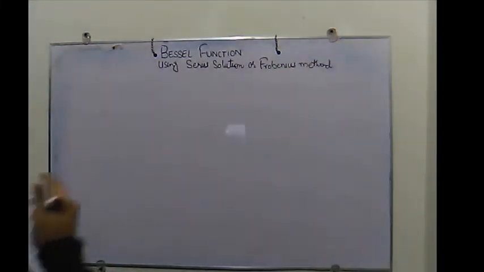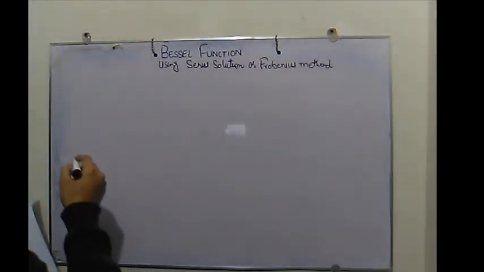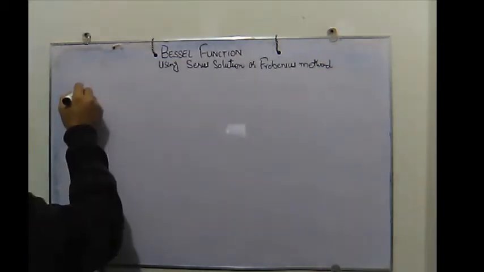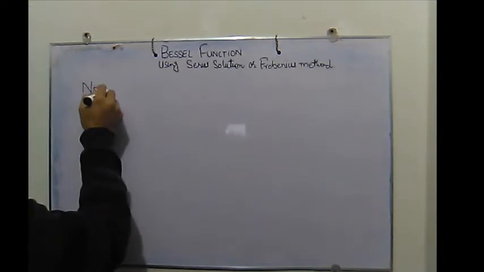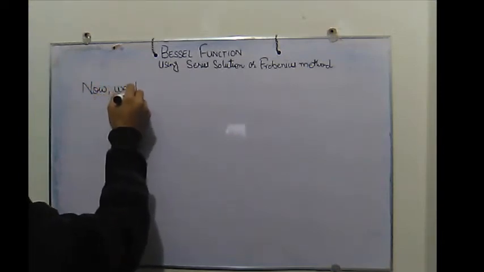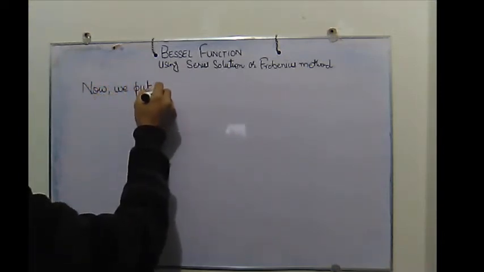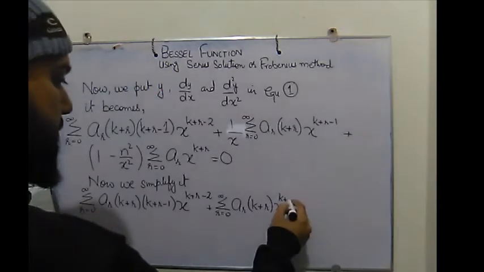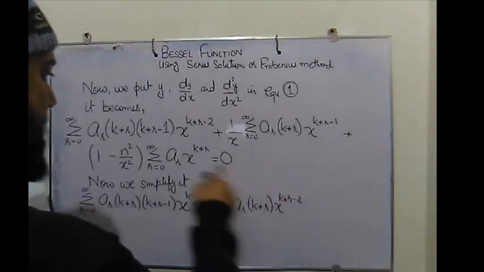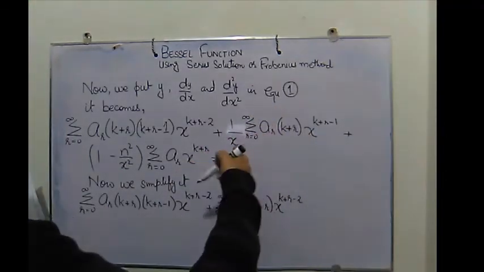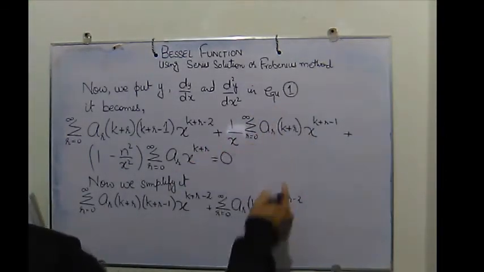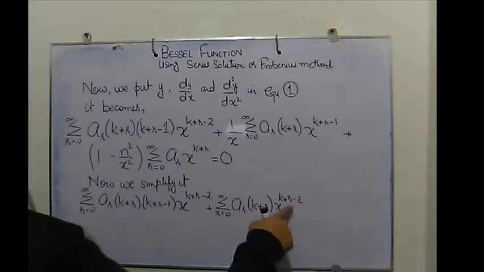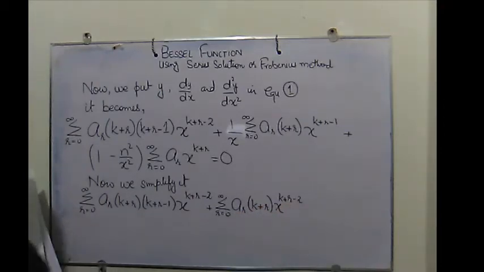So now we put the values of y, dy upon dx and d square y upon dx square in equation 1. When this x goes up, it has power minus 1, and again we get the term k plus r minus 2.